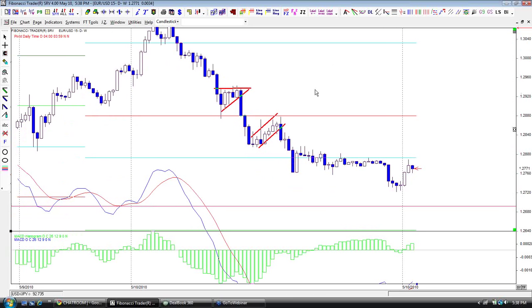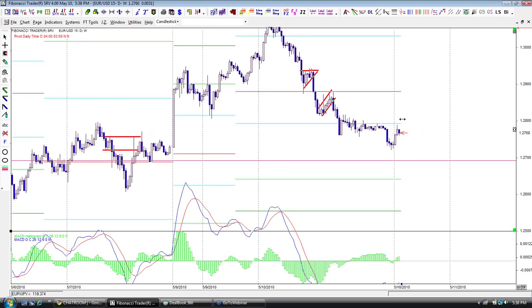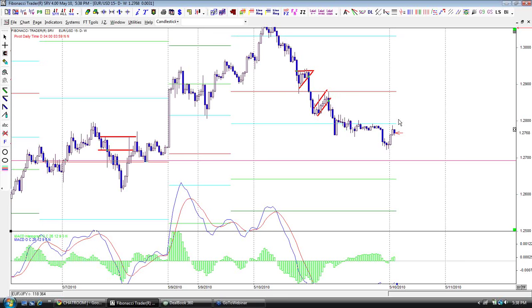We can find patterns everywhere in the charts. Now, when talking about pennants, flags, or breakout of consolidation, I like to trade those patterns at the opening of a session.